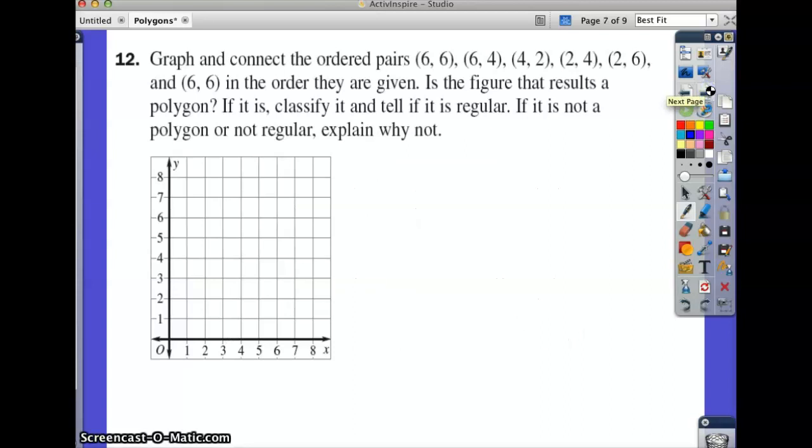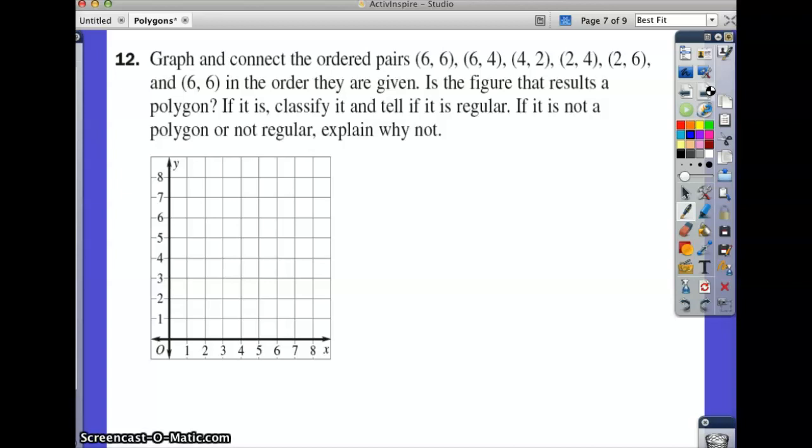So examples: graph and connect the ordered pairs in the order they are given. Does the figure that results form a polygon? If it is, classify it and tell if it is regular. If it is not a polygon or not regular, explain why not. So let's plot these points.